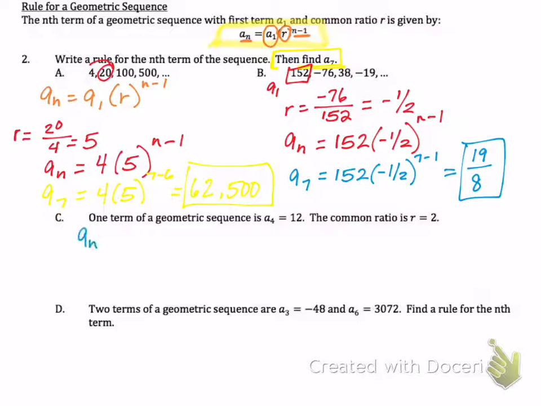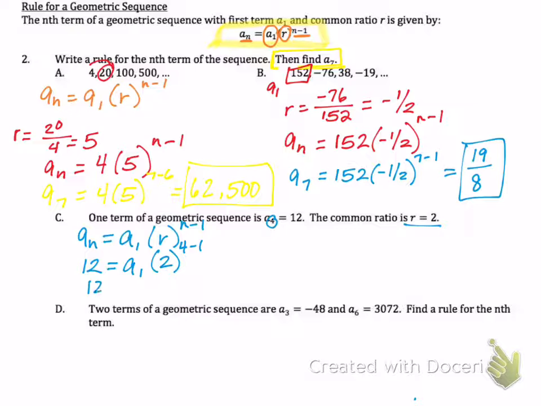So if I have A(n) equals A1 times R to the n minus 1, I know that A of 4 is 12, so 12 equals A1, my R is 2, and then n minus 1 is 4 minus 1 as my exponent, which would end up being 3.